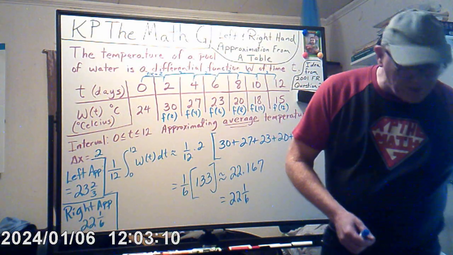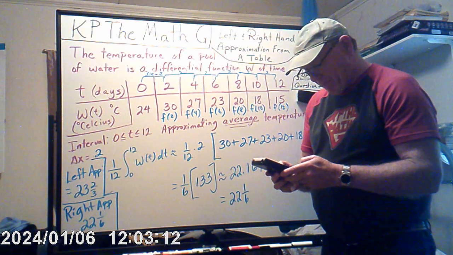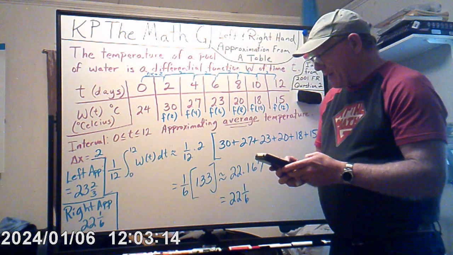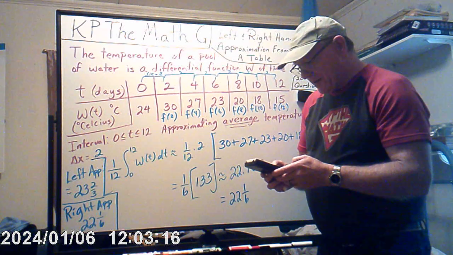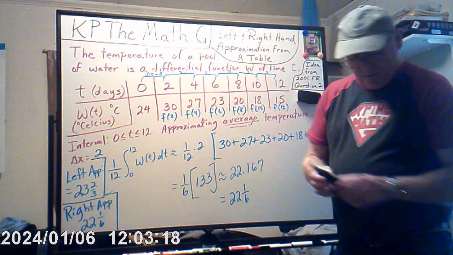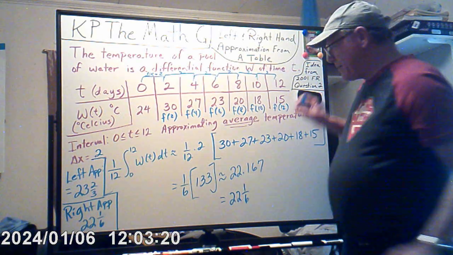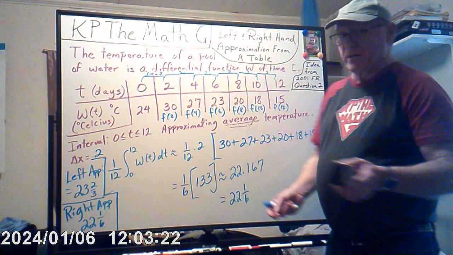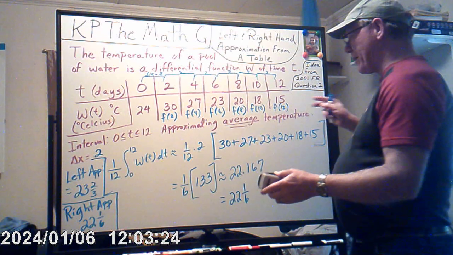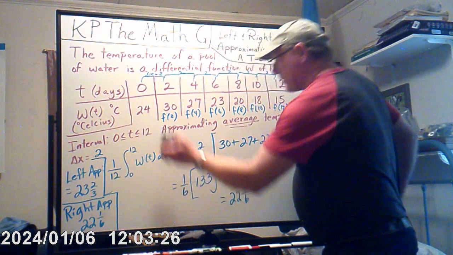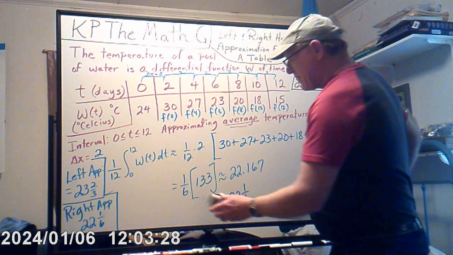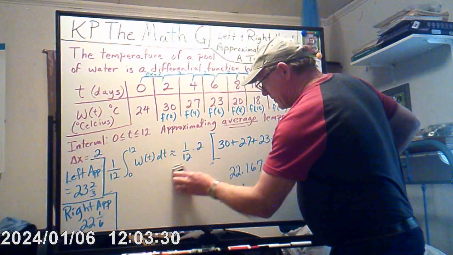Alright, so we can do that. Let's see if we can figure this out. I'm going to get the average of that, but I am going to do the trapezoidal with this, by the way. I'm going to use these same numbers each time. But right now I'm just doing left and right.